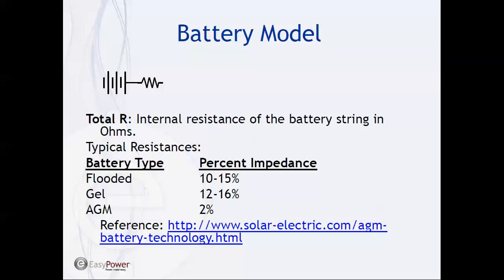So this is what we have, and for flooded lead acid batteries, we have an estimate of 10% to 15%. For gel, we have 12 to 16%, and for AGM, it's about 2%. And this is from the reference stated below in this link.